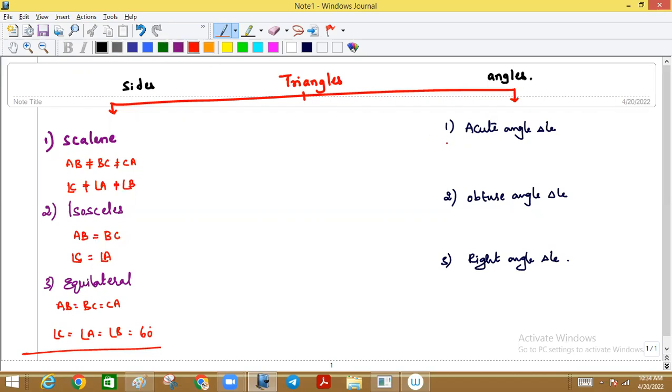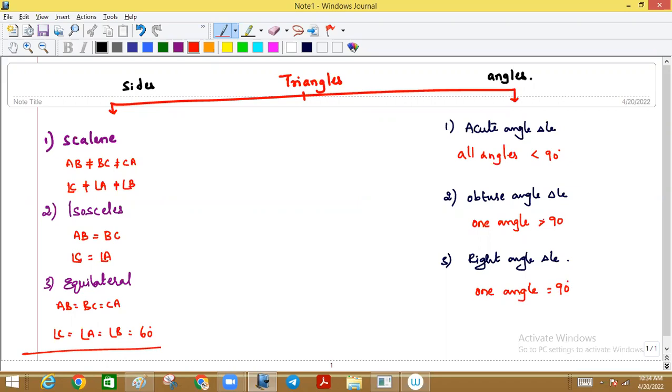Acute is all angles less than 90 degrees. Obtuse means one angle is greater than 90 degrees. Other two angles are less than 90 degrees only. Right angle is one angle is equal to 90 degrees.